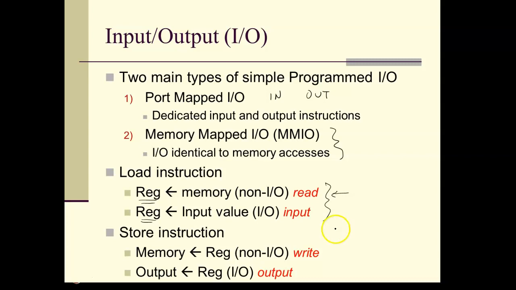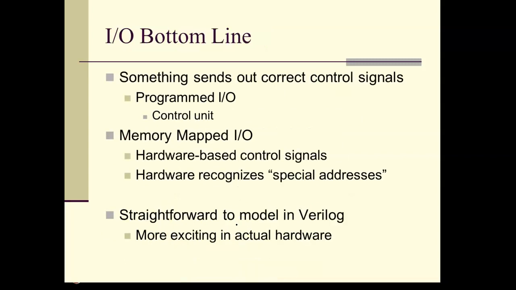The store instruction is used to take something and put it in memory. If it's a true memory access, it takes something from a register and puts it into memory. Otherwise, if it's an output instruction, it takes something from a register and sticks it into the outside world. These are kind of confusing, but if you keep this in mind, I think you'll get used to it. The more you do this, the better it will be. The issue is that we're using the same instruction for both memory access and I/O.